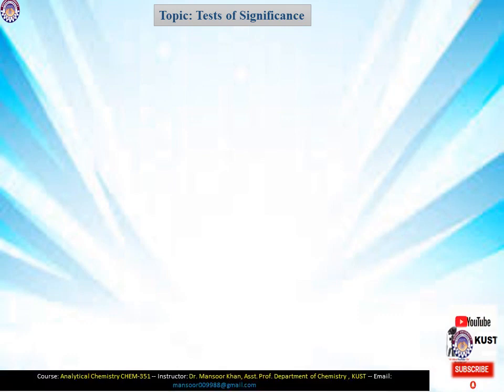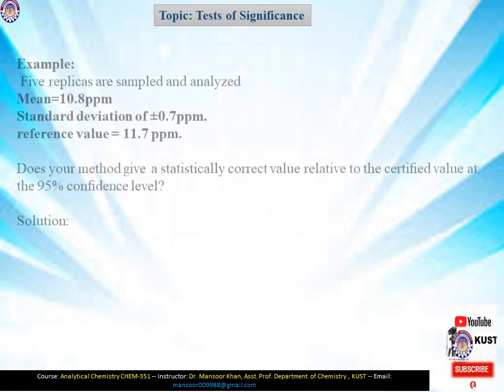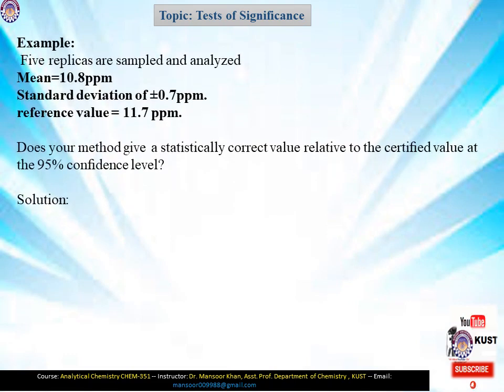So the example is 5 replicas are sampled and analyzed, and the mean of the result is equal to 10.8 ppm with standard deviation 0.7 ppm, and the reference value, or you can say accepted value, is equal to 11.7 ppm. This 11.7 ppm is the accepted value, or we can say the true value. So when the true value is present, then we apply the first case of the t-test.